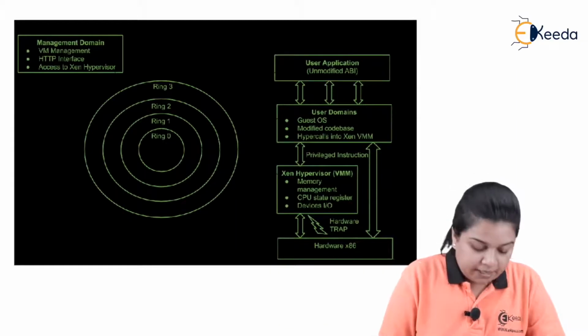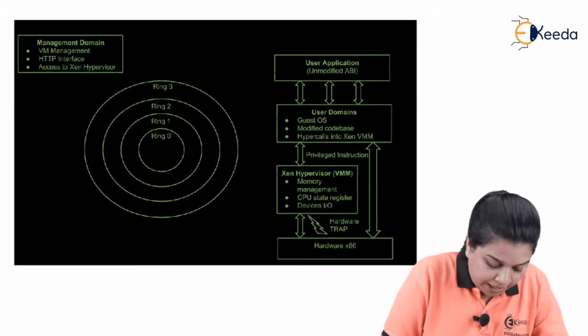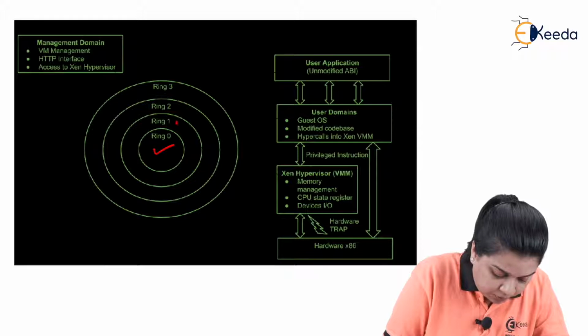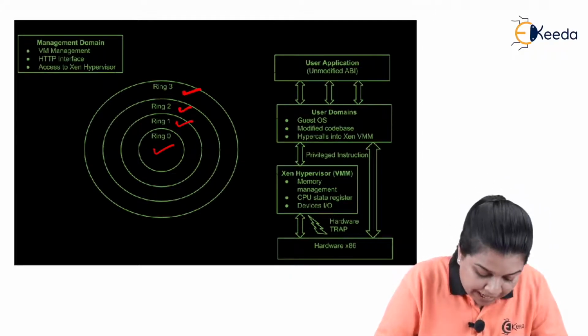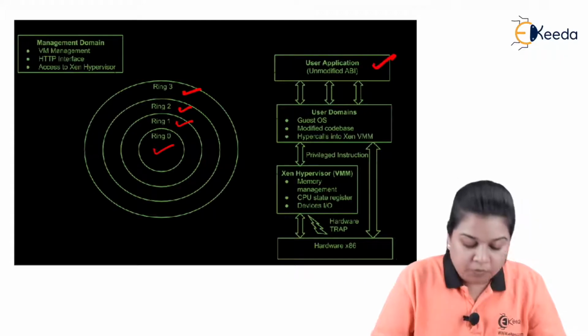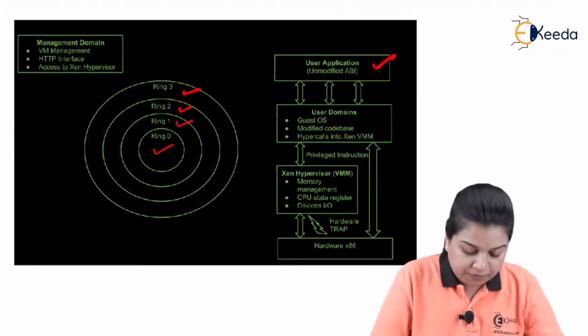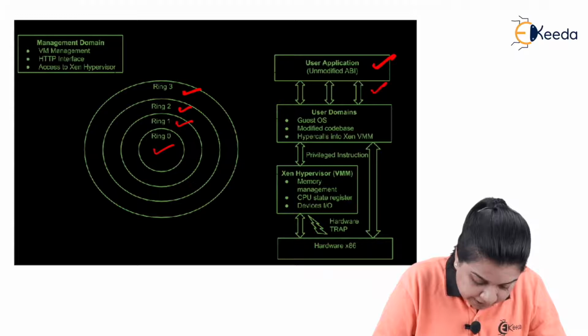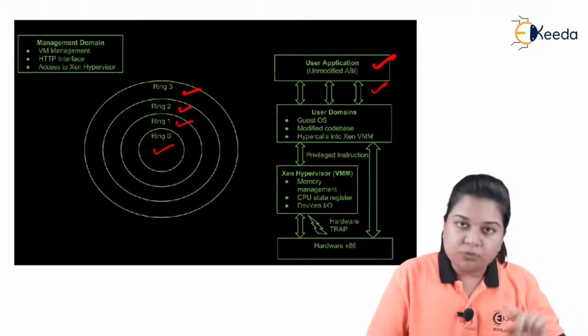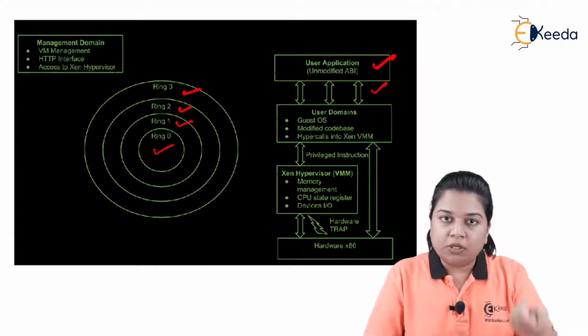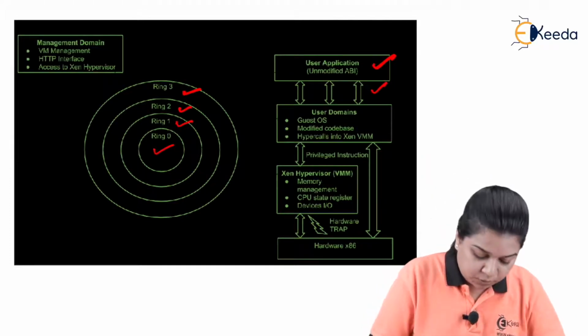Then comes the diagram. See, in Xen, we have four rings: ring 0, ring 1, ring 2, and ring 3. Here, the user application is the unmodified ABI. Then it is bidirectional, that means it is connected to user domains. User domain is connected to user application, and user application is connected to user domains.